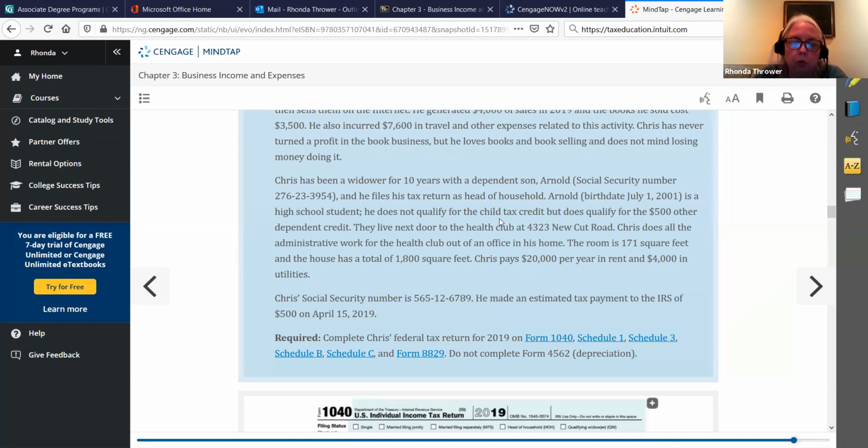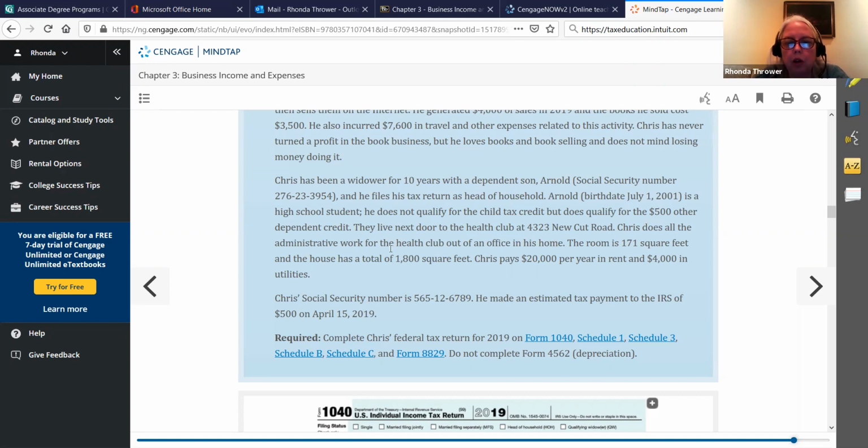There's a difference between the child tax credit and the dependent credit. So we're going to have to find a place where we can record this dependent credit, and that would be on your 1040 form.